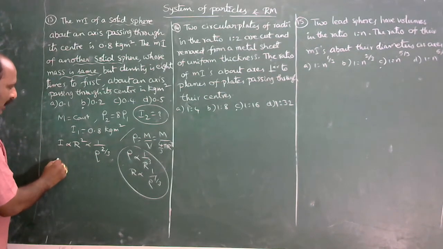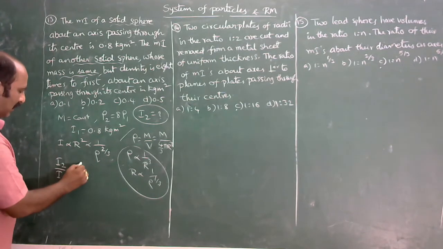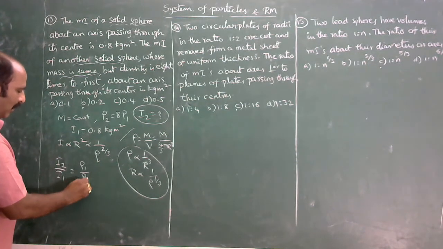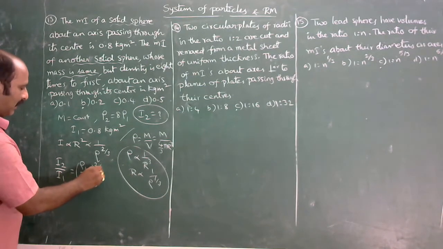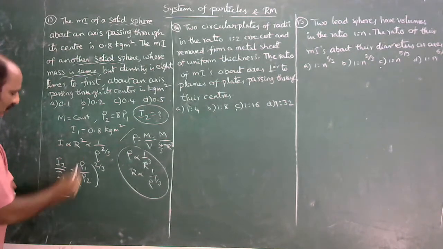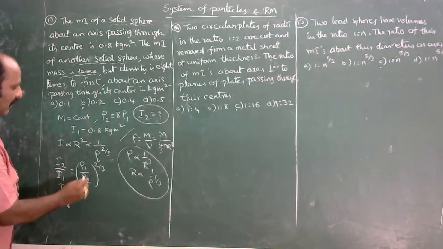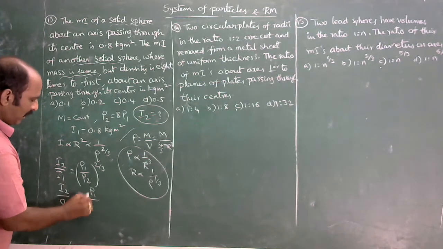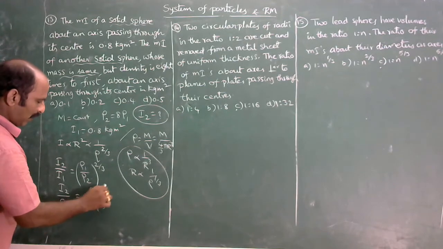Now I2 by I1 is inversely proportional, therefore rho 1 by rho 2 whole power 2 by 3. Now I2 by 0.8 is equal to rho 1 by rho 2, that means rho 1 by 8 rho 1 whole power 2 by 3.